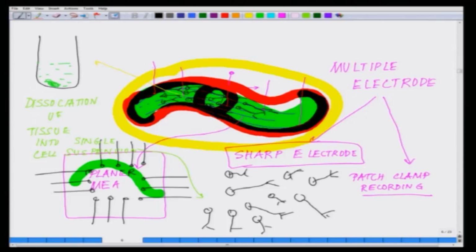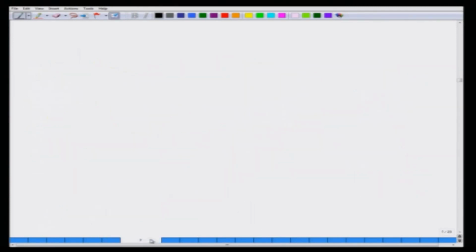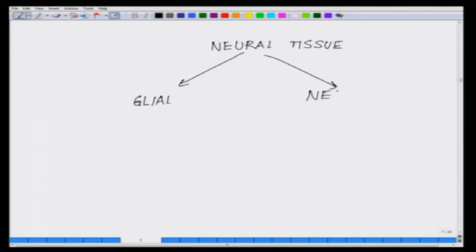And now, you take these neurons and the accessory cells; depending on the tissue, you have different modes that you can purify. In case of neural tissue, you can have the glial cells separated, which are the supporting cells. You have the neurons separated out, and then you put them in a dish to grow.